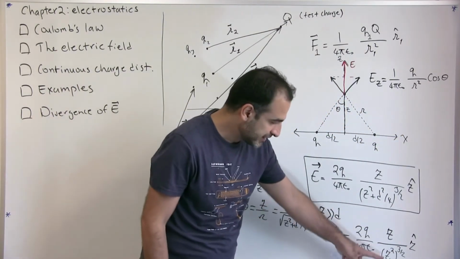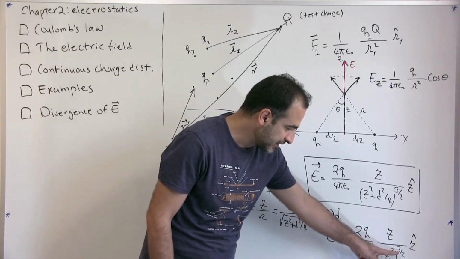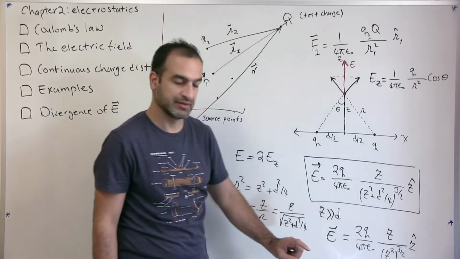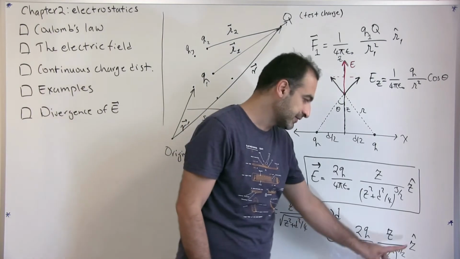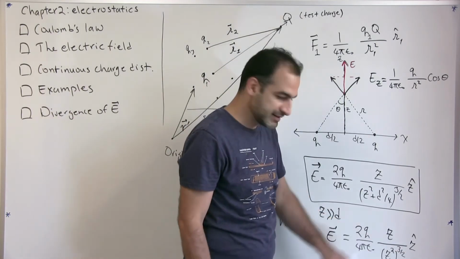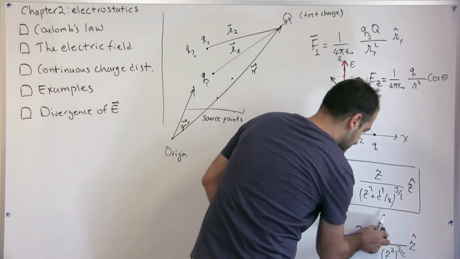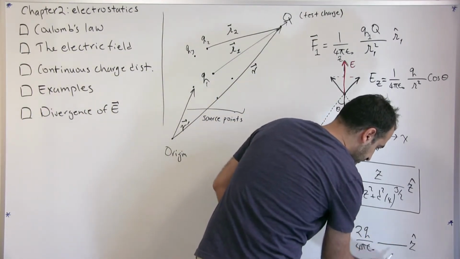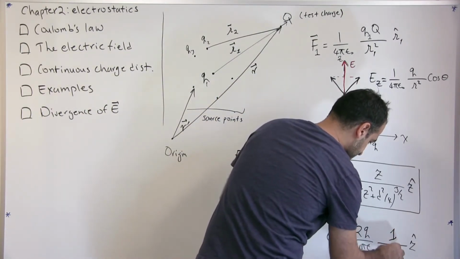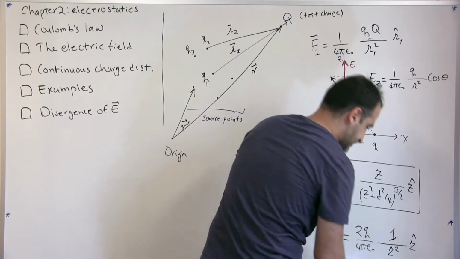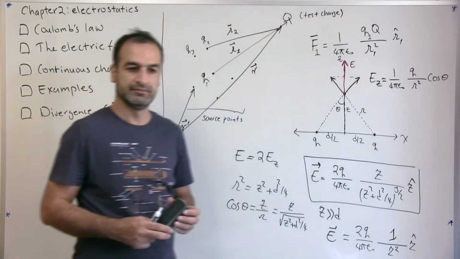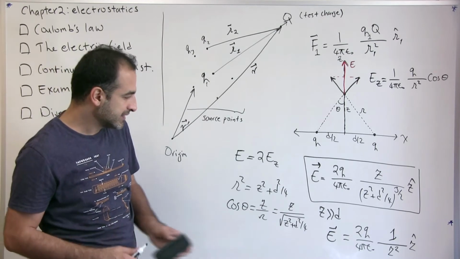How do I simplify this? z squared to the power of 3/2 is z to the power of 3, and we have 1 z in the numerator, so we can simplify this as 1 over z squared. Makes sense?